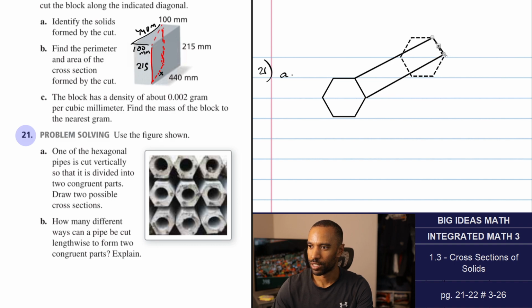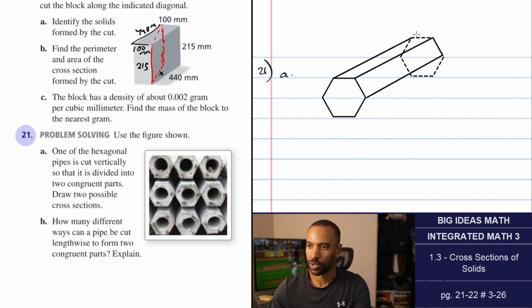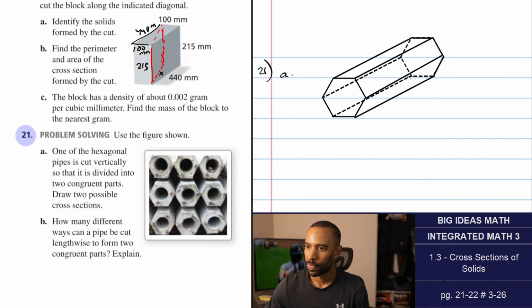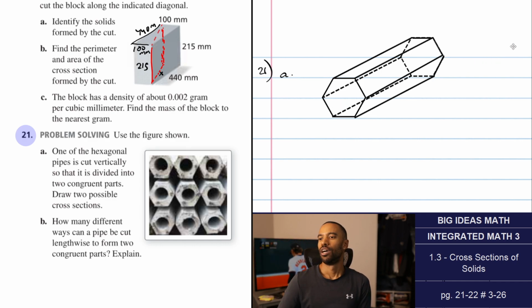Let's see if I can make it look good. Half of what I do is in my artistry, right? Hopefully you're like, man, that looks cool. Now let's do a couple dotted lines here. Probably should have done this for some of the earlier ones. Yeah, not bad.